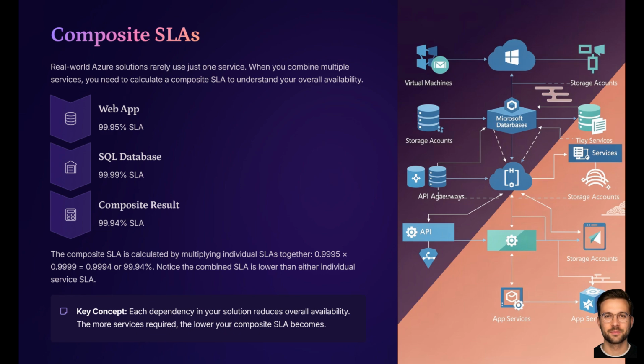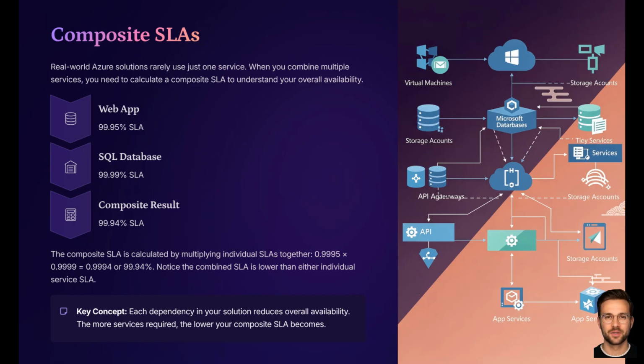Then you multiply them. 0.9995 times 0.999 almost equals 0.9985. Converted back to a percentage, this is about 99.85% availability for the combined solution.